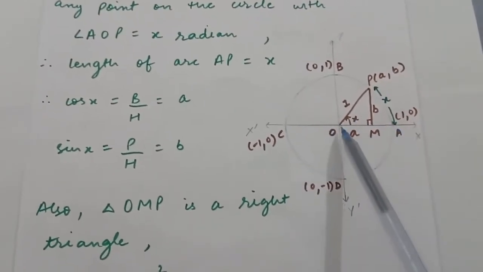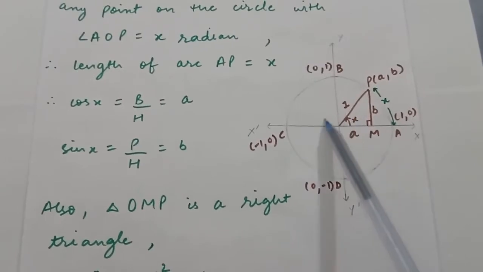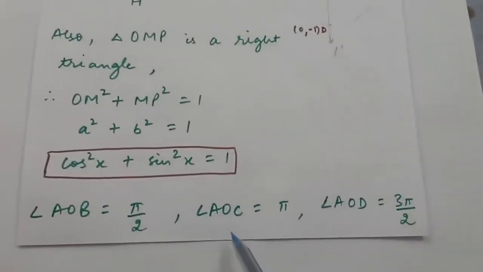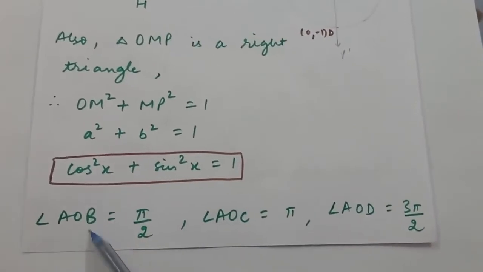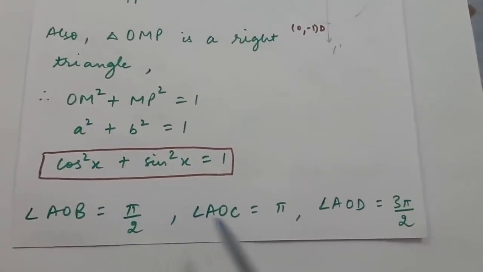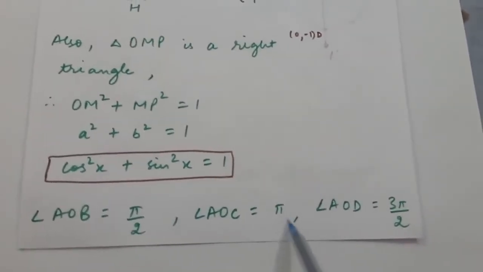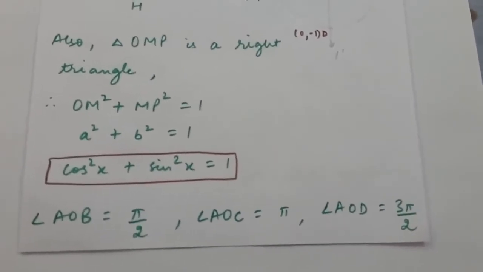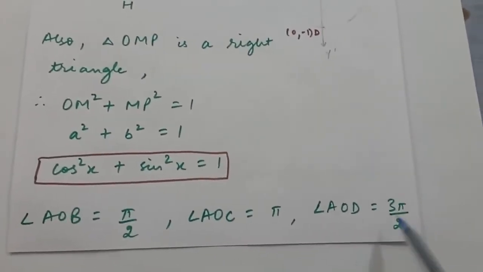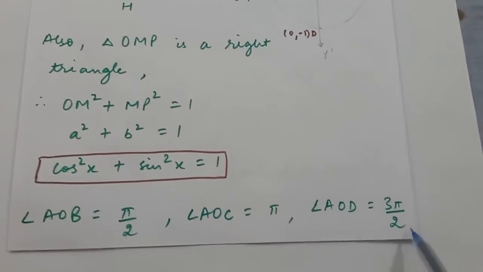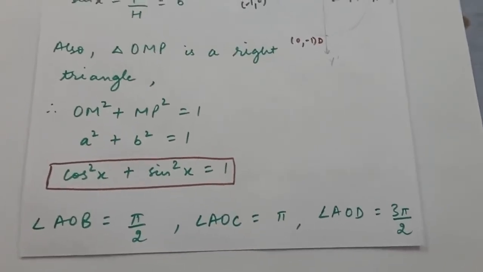Angle AOD, which is this angle, will be 270, right? So in radians we can write angle AOB as pi by 2, angle AOC 180, which is equal to pi, angle AOD is 270 and in radians we can say it is 3 pi by 2.